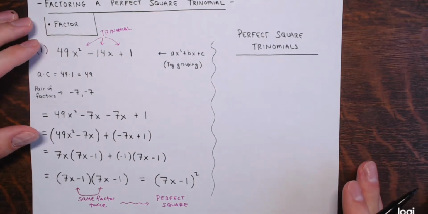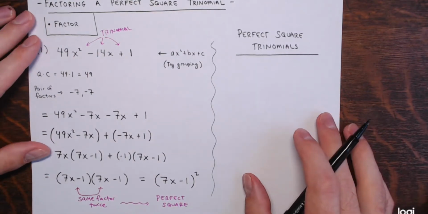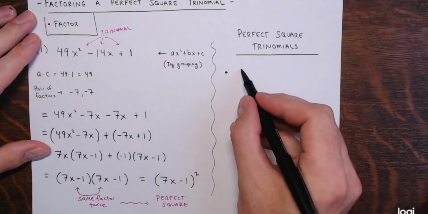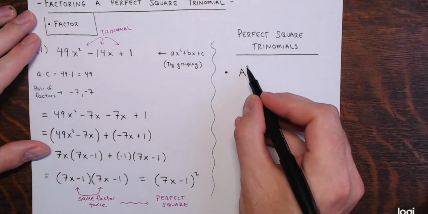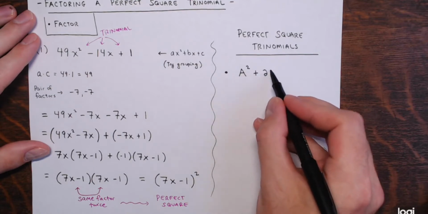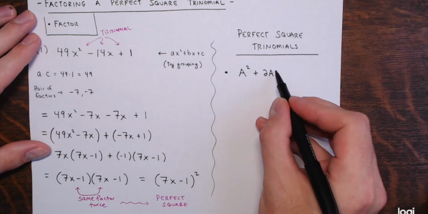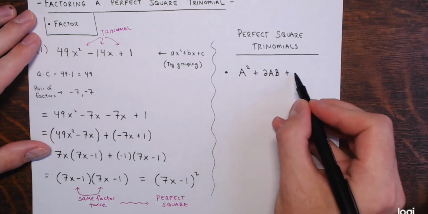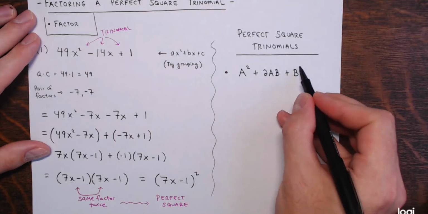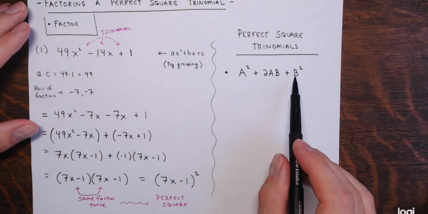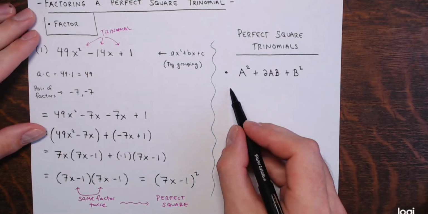Alright, a perfect square trinomial can take one of two forms. One is a squared plus 2 times a times b, plus b squared. This is one form a perfect square trinomial can take.